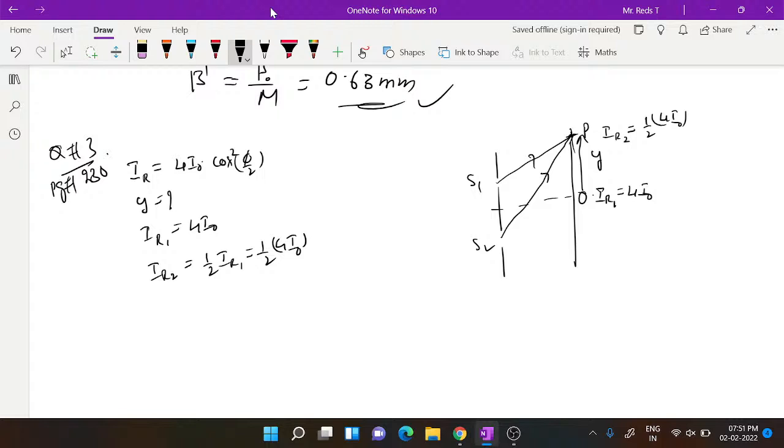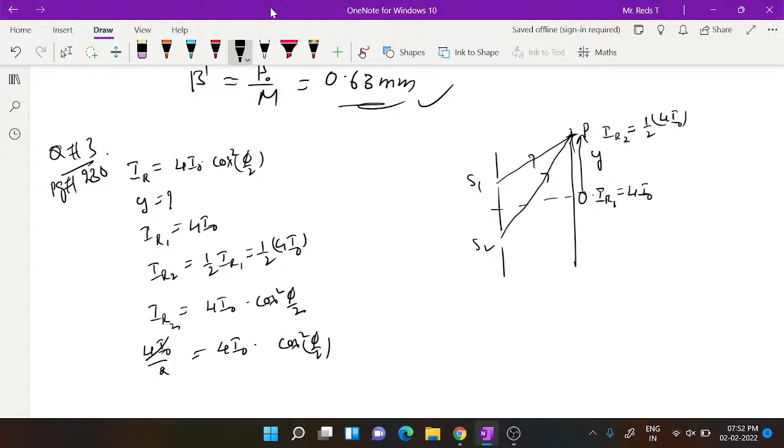So IR is equal to 4 I naught into cos square phi by 2. For the second point you can take IR2 is equal to this. But IR2 can be taken as half of IR1. So 4 I naught by 2 is equal to 4 I naught into cos square phi by 2.